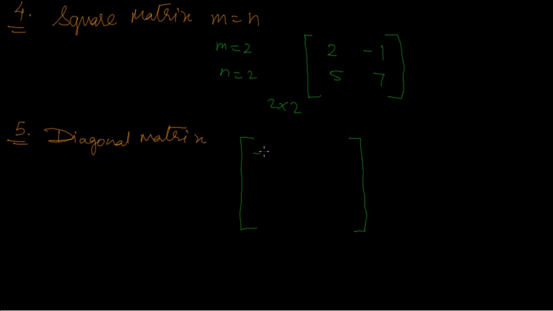I explain with -3 0 0, 0 1 0, 0 0 5. You see the diagonal is here. The diagonal elements have some value, and the values of all other elements are 0. So it is called the diagonal matrix.